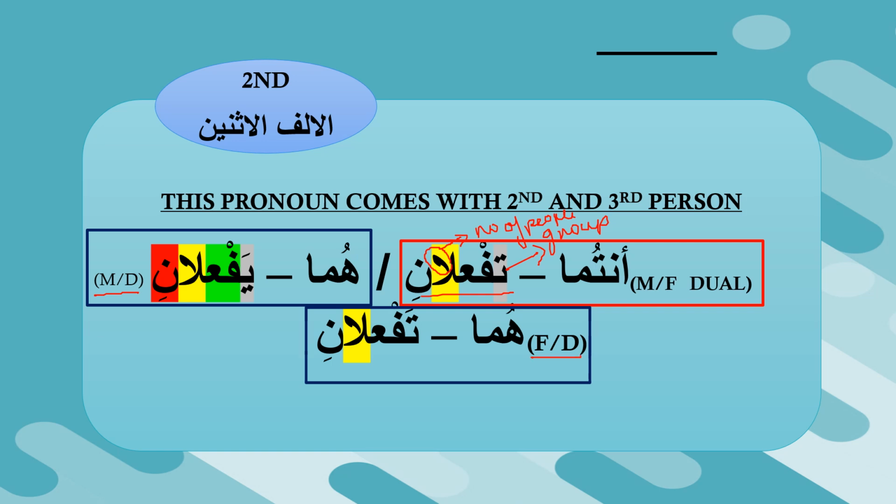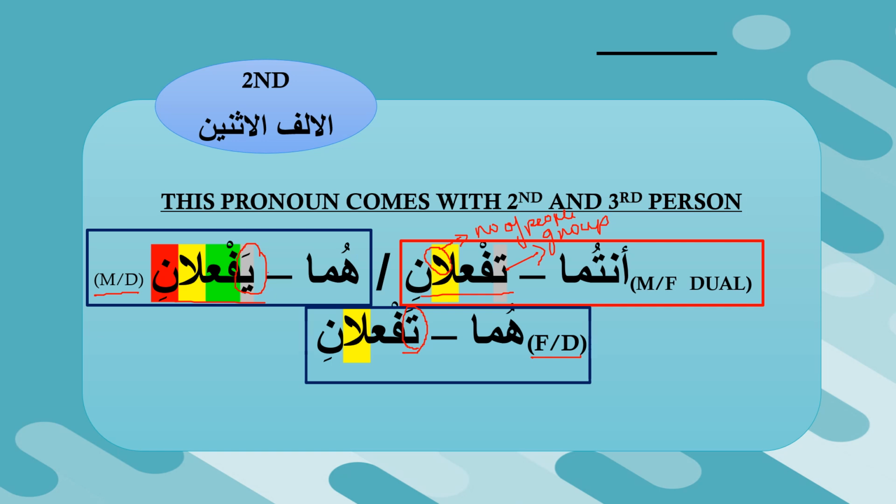Why? Because in the ghaib, the person you are speaking about is not present. So you need to differentiate both the verbs by just changing the letter. So here you can see the ta in the mukhatib group and a ya in the ghaib group. As you know, the letter ya represents the ghaib group. So for the male dual, you will see the letter ya has been used.